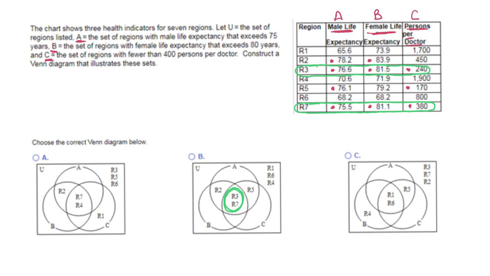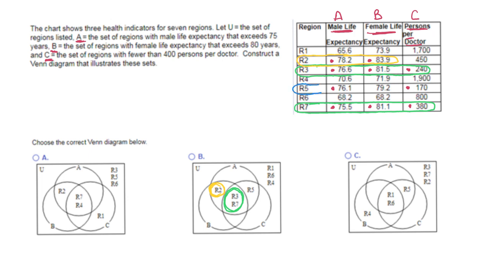All right. The next thing you can also take a look at too is that the R2, let me highlight that in yellow, is set A and set B intersecting. Where set A and B intersect, you'll have R2, and that is true for that answer B. And then we can also take a look at, let me see if I can grab a different color here.